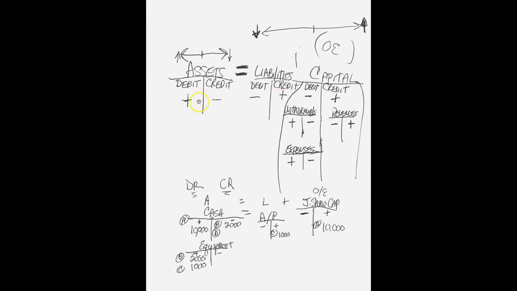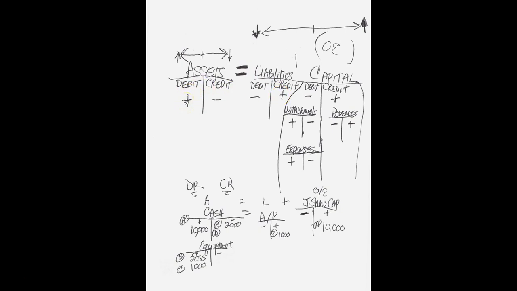Debit, credit. Buy an asset on account, debit, credit. Buy an asset for cash, debit, credit. Debits and credits are equal. Pay off a liability, debit, credit. Buy something on credit, debit whatever you buy, credit accounts payable.